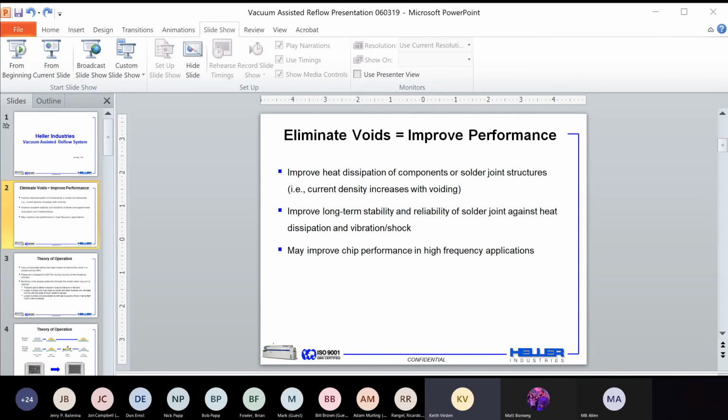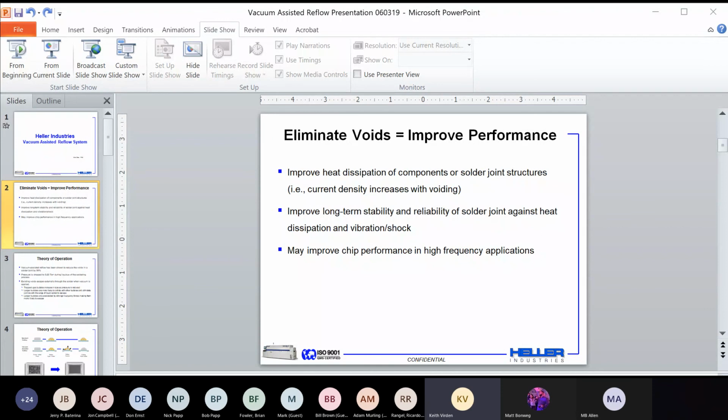So what we found is that if you do a stair-step process where you come down, you hold for a few seconds, you slowly pull those voids out, and then you bring it down to whatever this number is here, they'll slowly release those voids. And what we're seeing is about a 99% reduction in voids over standard reflow.